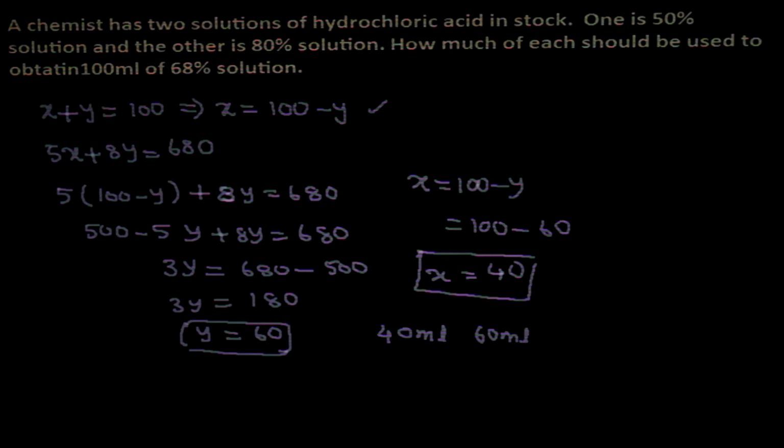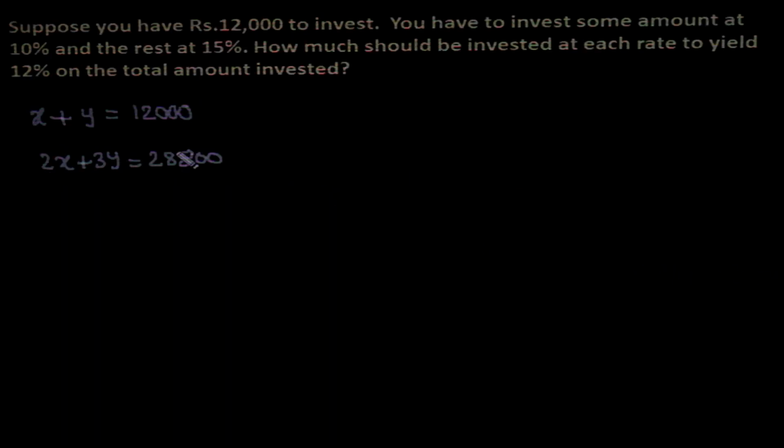The second problem. Next problem is for these two equations: x plus y is 12,000, 2x plus 3y is equal to 28,800. Now from this, x will be 12,000 minus y.